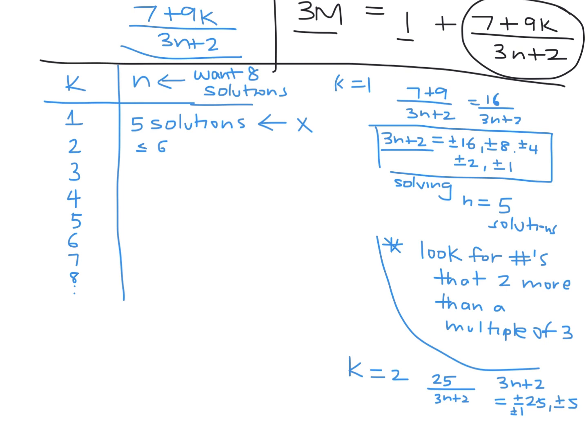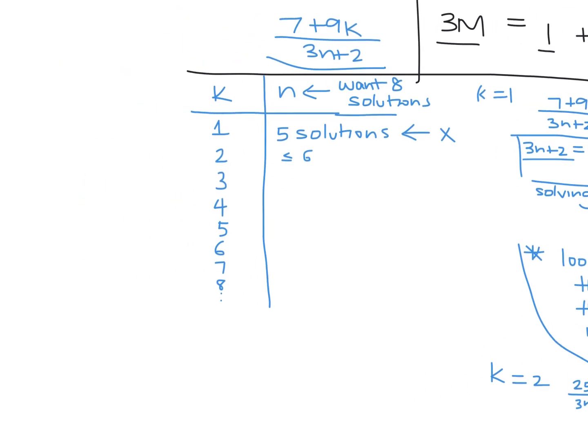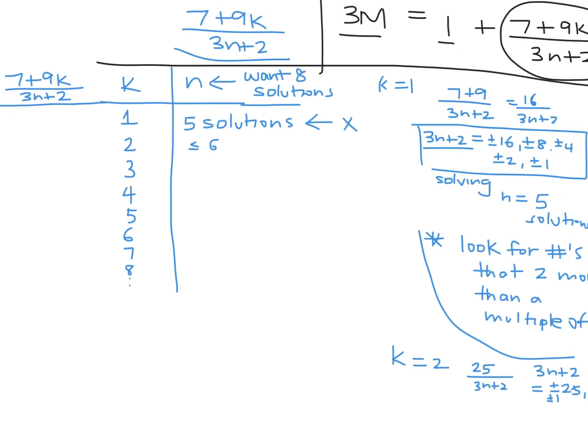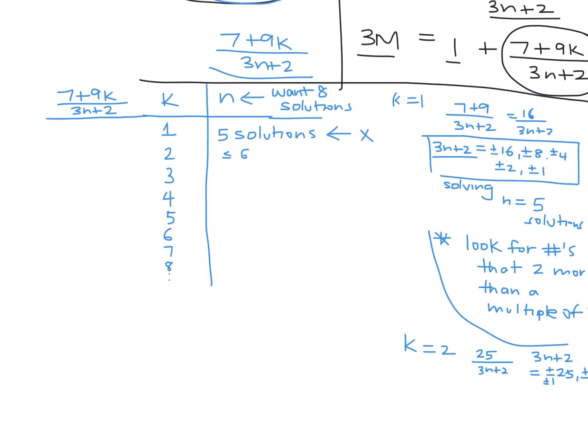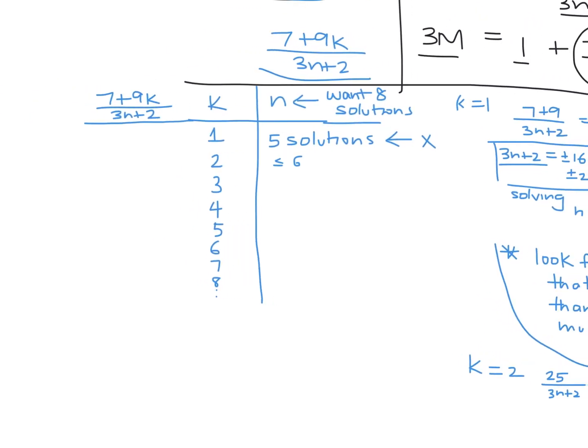And I'll just do it for you really quickly. If k equals 1, it was 16 over 3n plus 2. If k equaled 2, it was 25 over 3n plus 2, right?